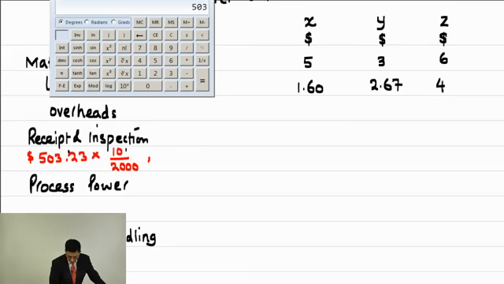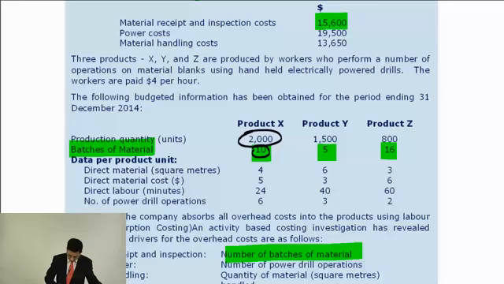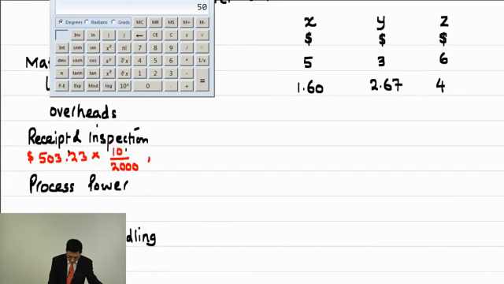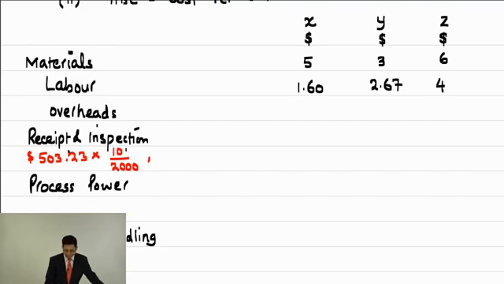So 503.23 times 10 divided by 2,000, which gives me 0.03, or I can double check this one. 503.23 times 10 divided by 2,000, which is 2.52.